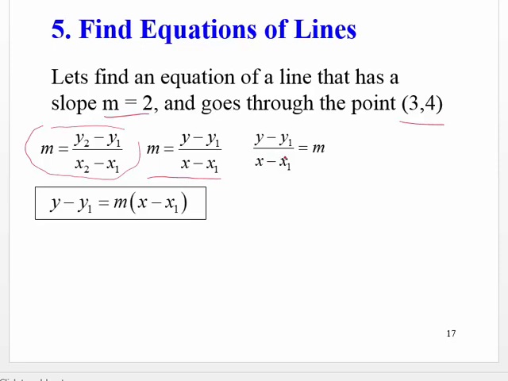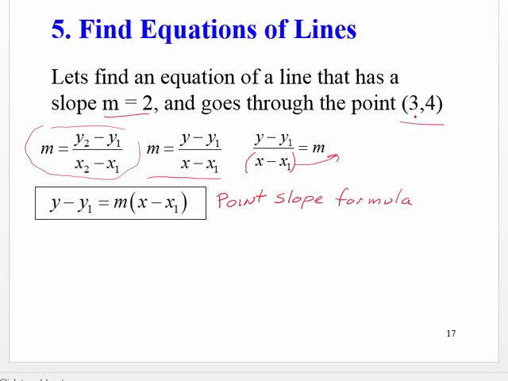Now, if I multiply both sides by this, it basically comes up here, and we get our point-slope formula. Okay, and we can use that.